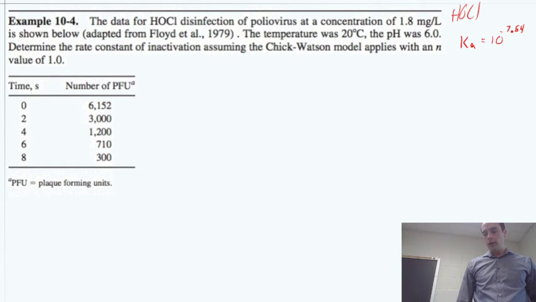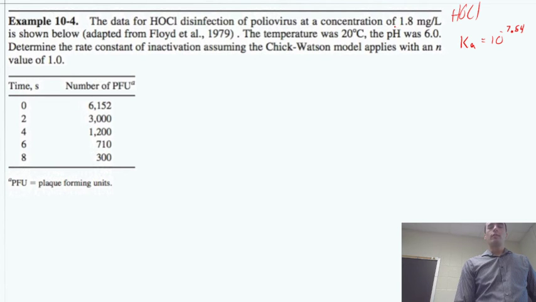Specifically, consider the fact that not all of the 1.8 milligrams per liter. Let's see. Okay, there's two ways we could think about this, and we'll take the simpler route for the sake of time.